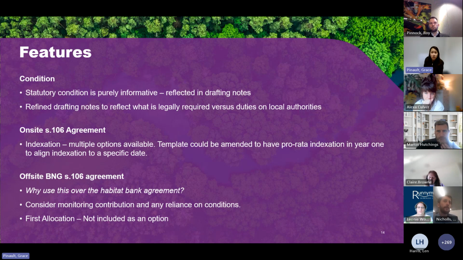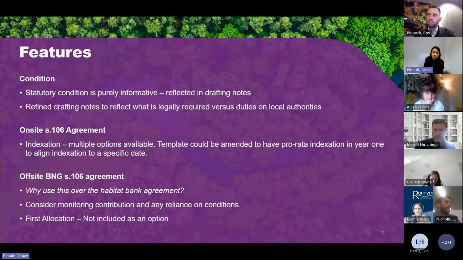And we decided not to include that within the Habitat Bank agreement, specifically because it was just easier for someone to pick up a standalone tool that was specifically tailored for a scenario that would come up often. That way we weren't muddying the waters on our templates with an overwhelming amount of options available. It does not include an option for first allocation. So a developer who's using an offsite Section 106 agreement doesn't have to allocate back to themselves the units.